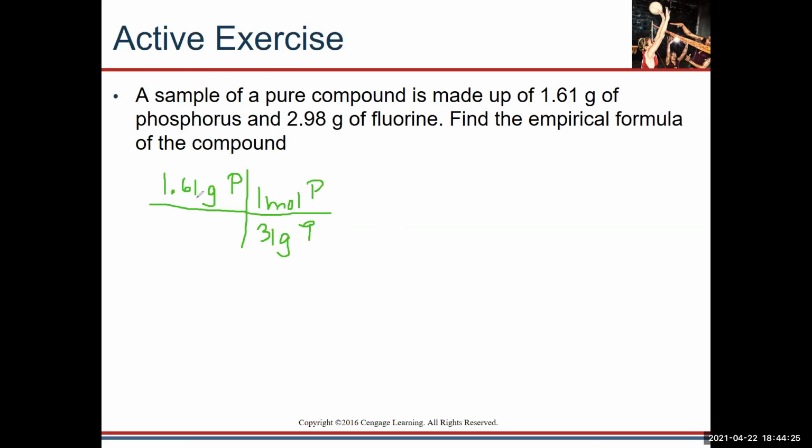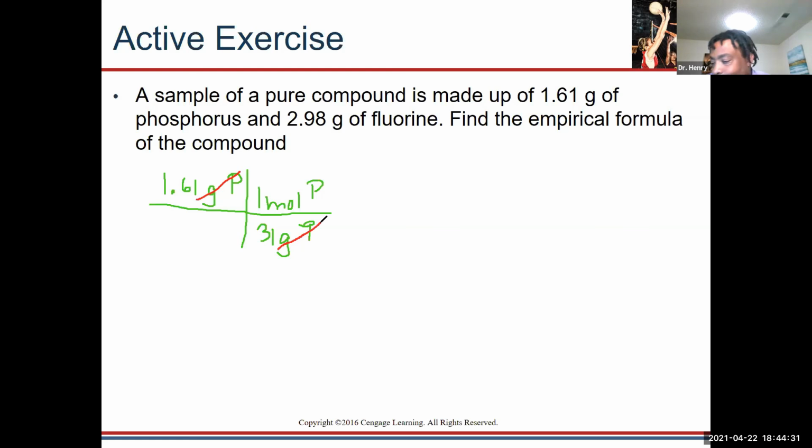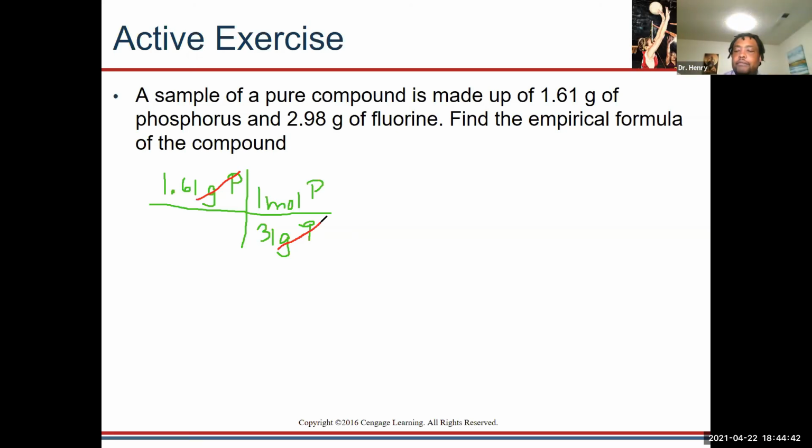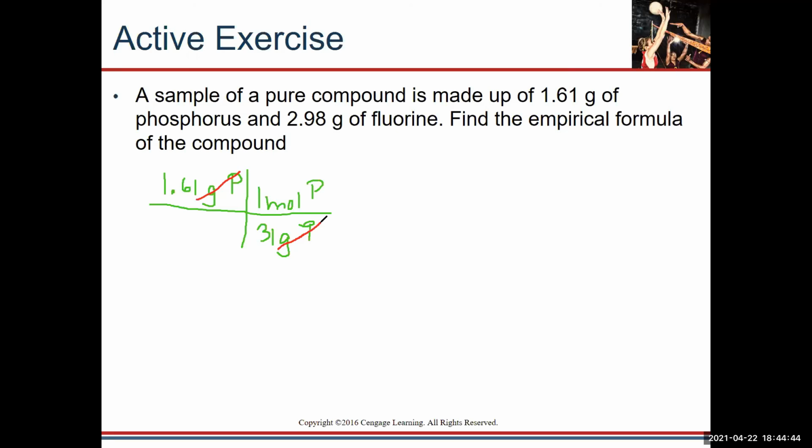Where did 31 come from again? It's the atomic mass of phosphorus, from your periodic table. But you just rounded it up, because it says 30.974, then you round it up to 31.